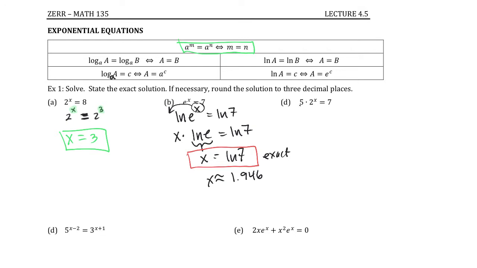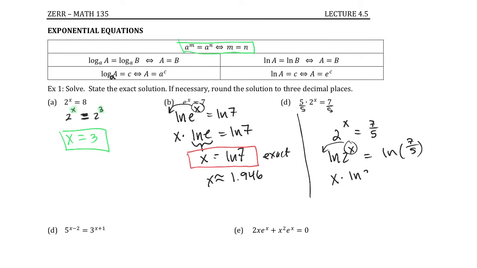Now on this one, what we want to do is isolate the exponential expression first, and then we can take the natural log of both sides. Oops, 2^x equals 7/5. Okay, and then we would bring our exponent out as a coefficient, and then we have natural log of 2.